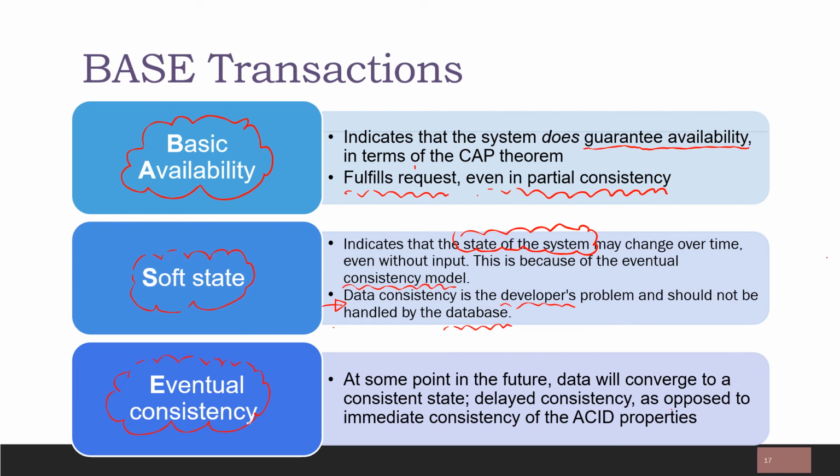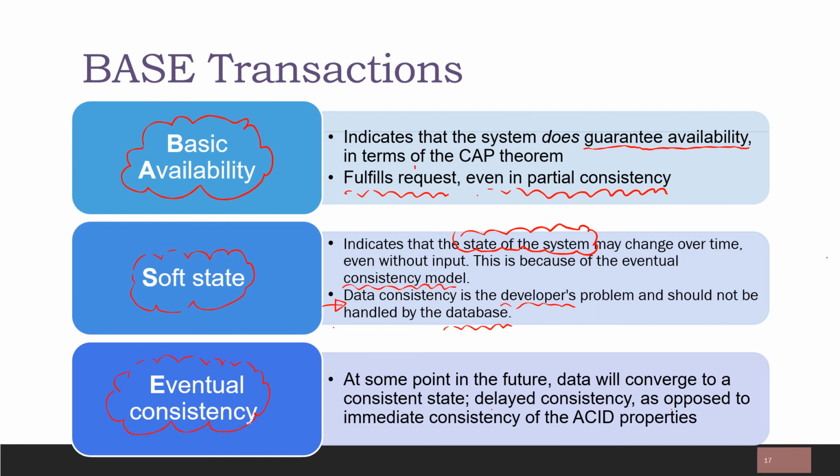Okay, and then the last property, which talks about eventual consistency. It means that at some point in the future, right? This is the definition of eventual consistency. At some point in the future, the data will converge, will synchronize, and will be consistent.